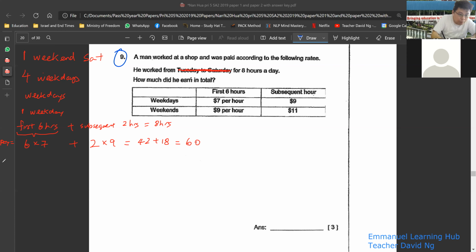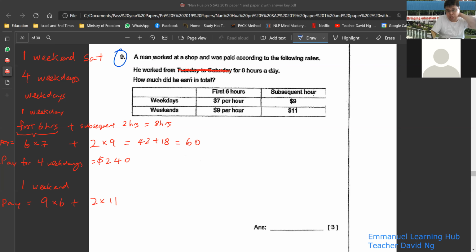So pay for 4 weekdays, 60 times 4, very good, 240. Keep that in one corner first. Then weekend, 1 weekend, $9 per hour for the first 6 hours, plus 2 times 11.